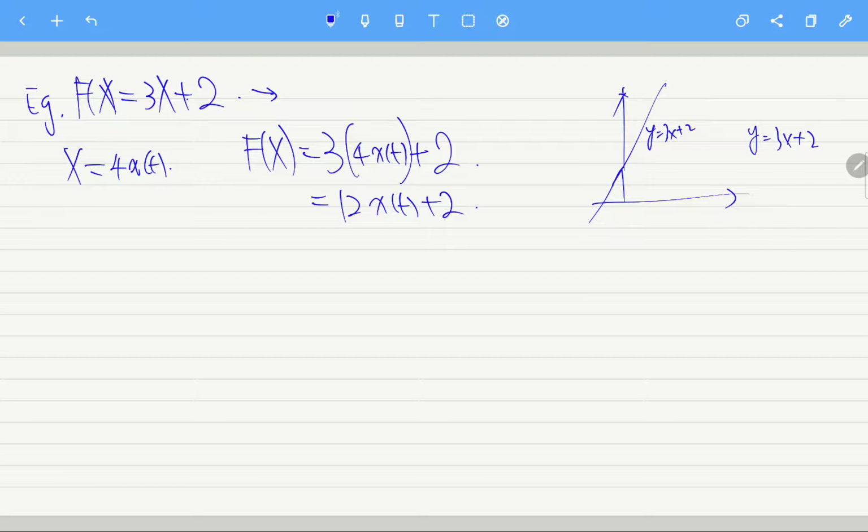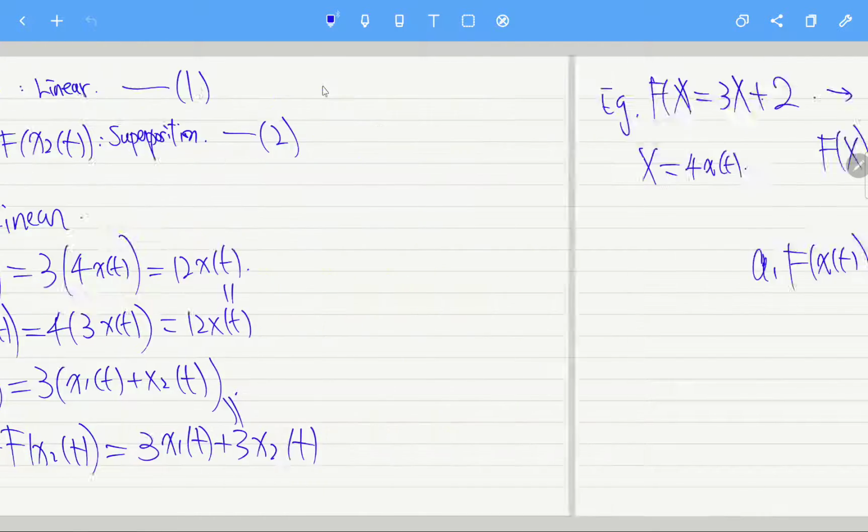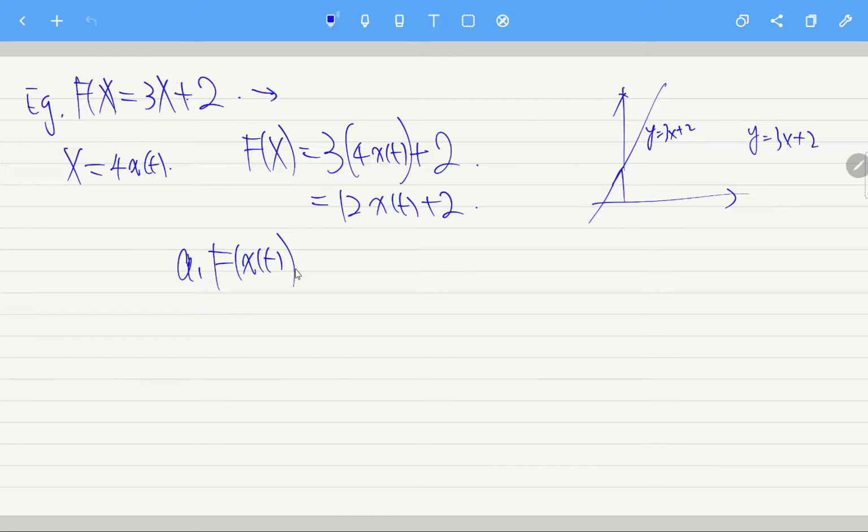Now if we have 4 times a1 times f of x of t, because here we should have a1 f of small x of t. So a1 is 4, so we have 4 times f of small x, which is 3 x of t plus 2, because we plug in x of t to be here.